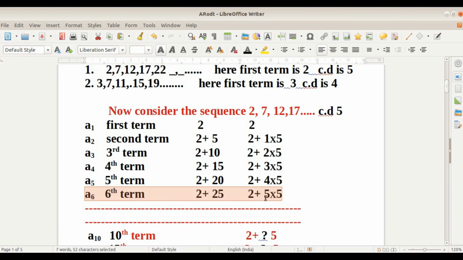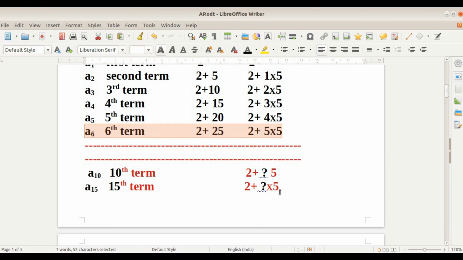If we continue like this, for the 10th term we can write 2 plus 9 times 5. And the 15th term we can write 2 plus 14 times 5.